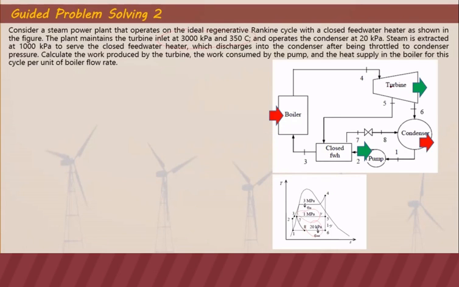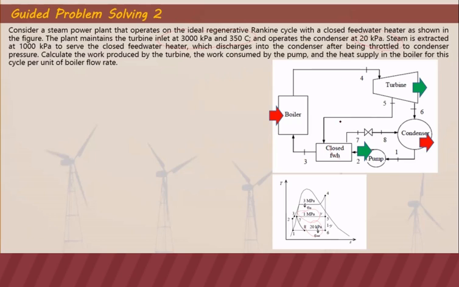We extract steam at point 5 to serve the closed feed water heater, as you can see here. And then it discharges. The discharge of the closed feed water heater is to the condenser after being throttled.